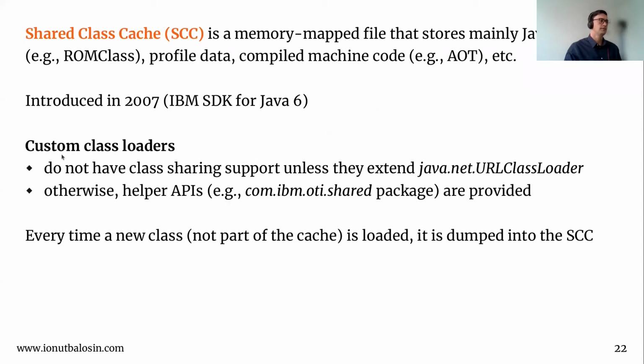There are two things here if you want to use this with custom class loaders. The first one is the sharing support, which is not included unless your class loader extends this one. If that is not possible, there is a helper API where you can make your own custom class loader, which doesn't extend this URL class loader, be part of the SCC archive.